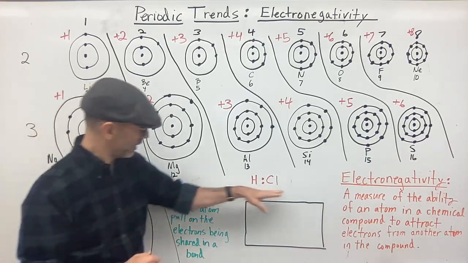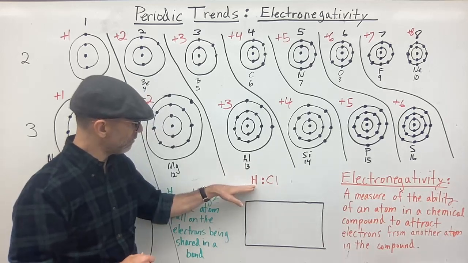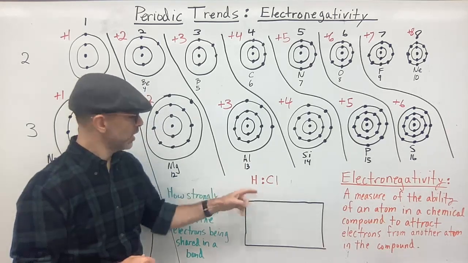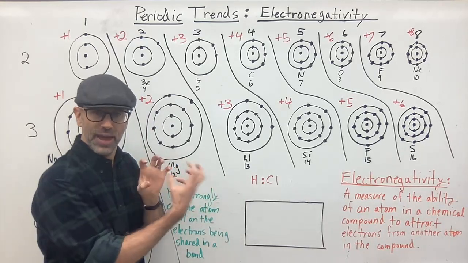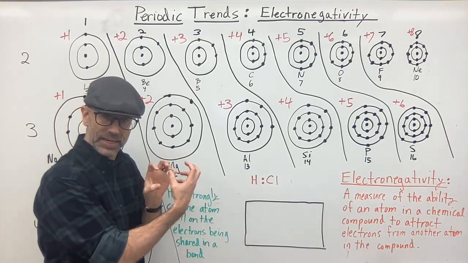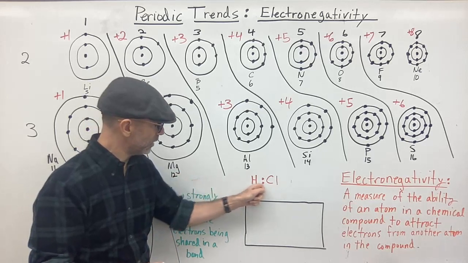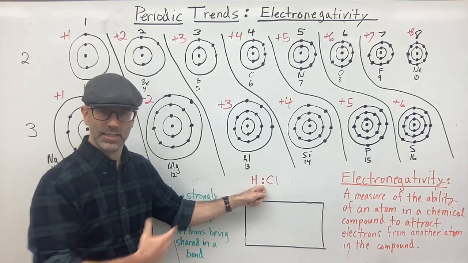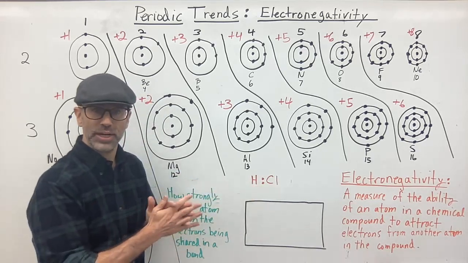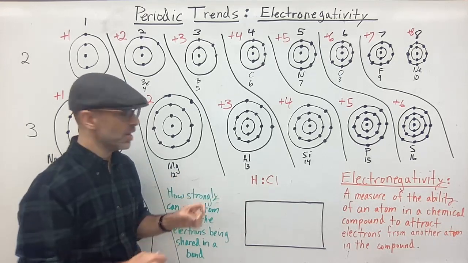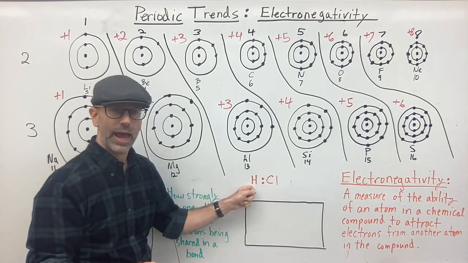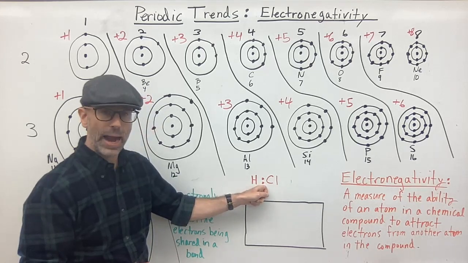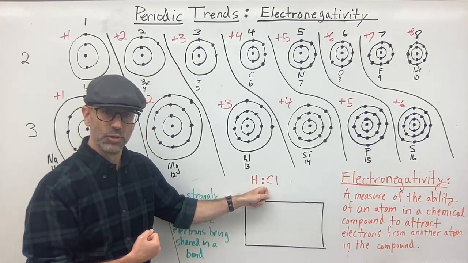Here we have an example. I have hydrogen and chlorine. Hydrogen and chlorine are sharing these two electrons, and that's binding them together. Electronegativity is a measure of how strongly each of these atoms is going to be attracting and pulling on these two electrons.